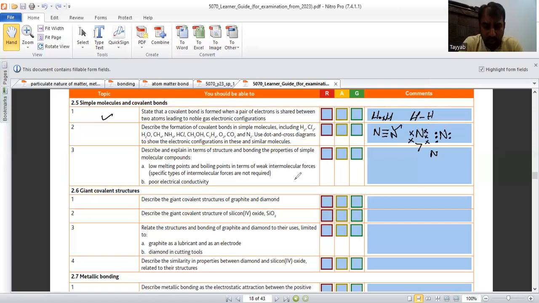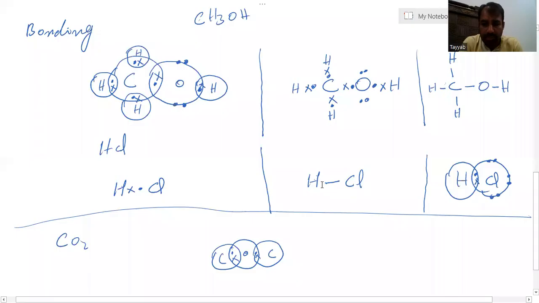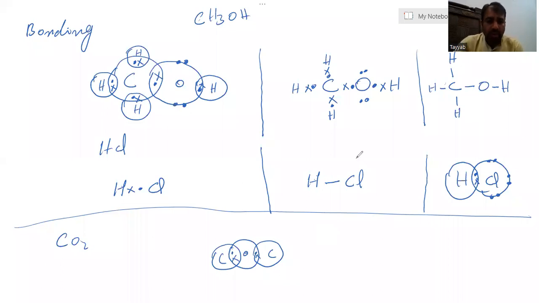I would like to show you another example here. This is the dot and cross diagram for CH3OH, that is methanol. In this, one carbon atom is bonded with 3 hydrogen atoms, each sharing 1 electron.